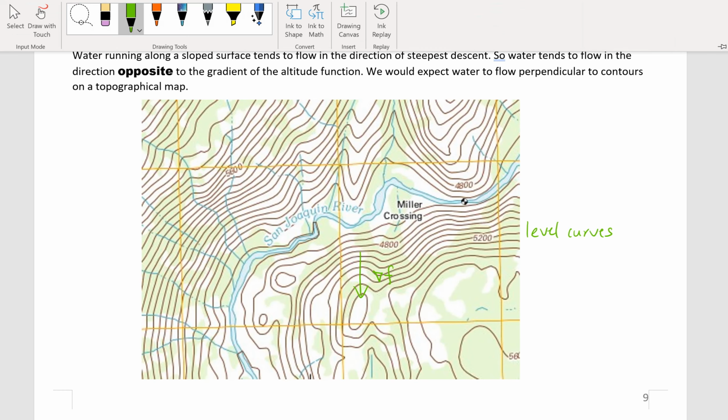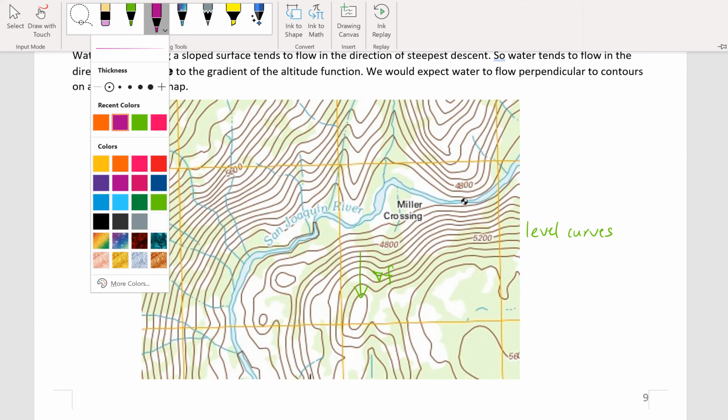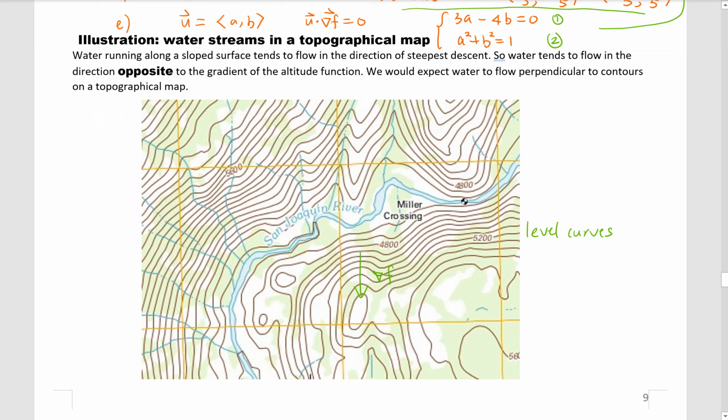So which means, okay, water will flow like this here. Okay, let's see here. So this is water. So you can imagine water flows in the direction of negative gradient of f. So far so good, everybody.